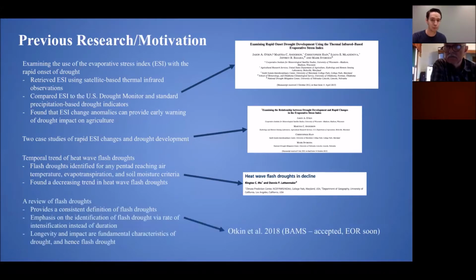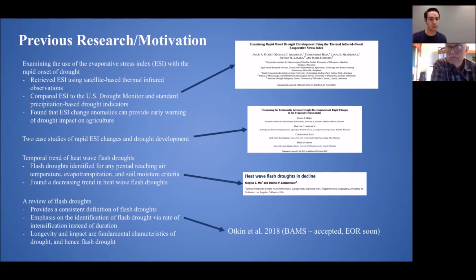More recently, a paper that has been accepted into the Bulletin of the American Meteorological Society was a review on flash droughts by Otkin et al. They try to pinpoint a consistent definition for flash droughts. They overview two different types of how to identify them, either through rapid intensification or by duration.